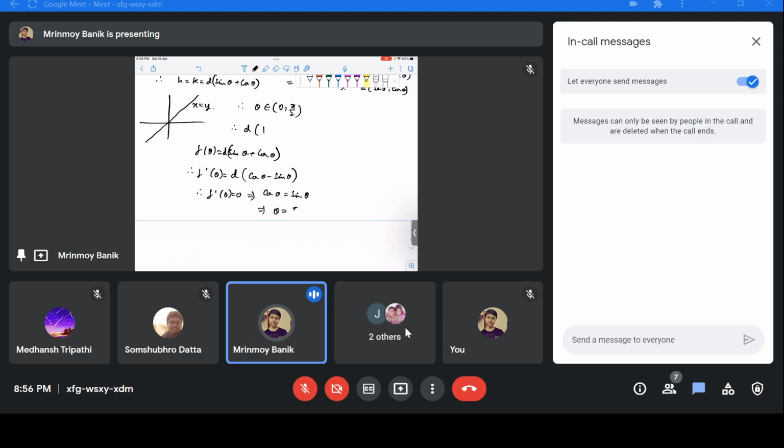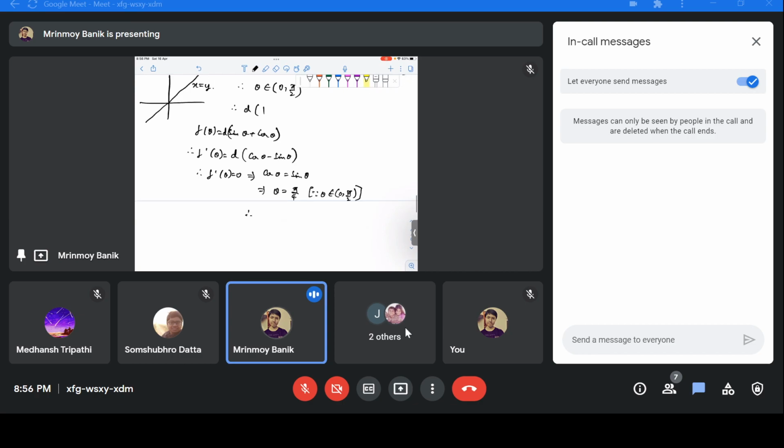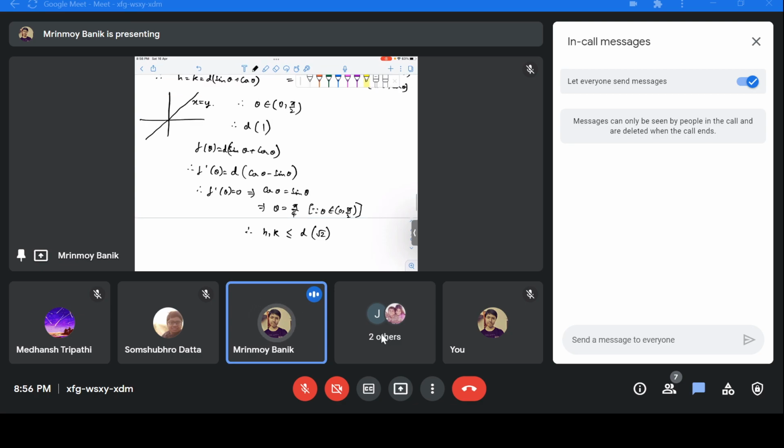So theta must be pi by 4 in this interval. Therefore, the maximum value of h and k is less than or equal to d times 2 by root 2, that is, root 2. And the minimum value is obviously 1.